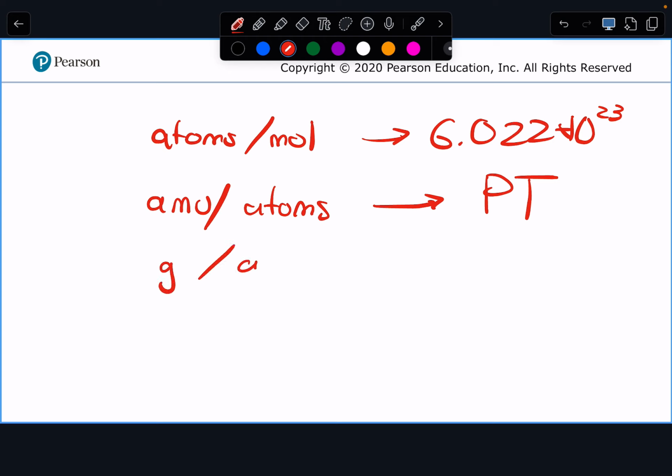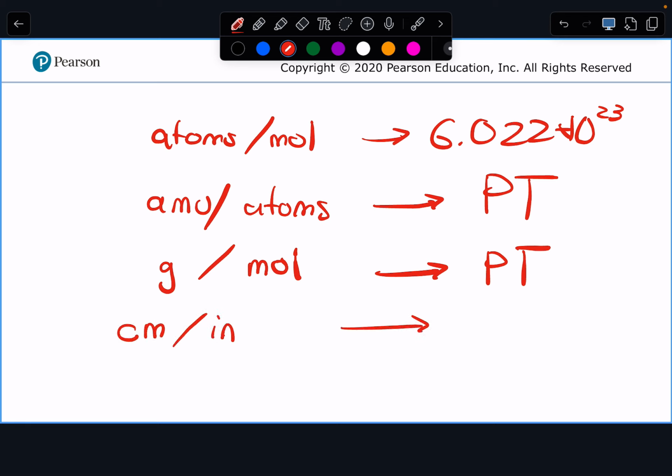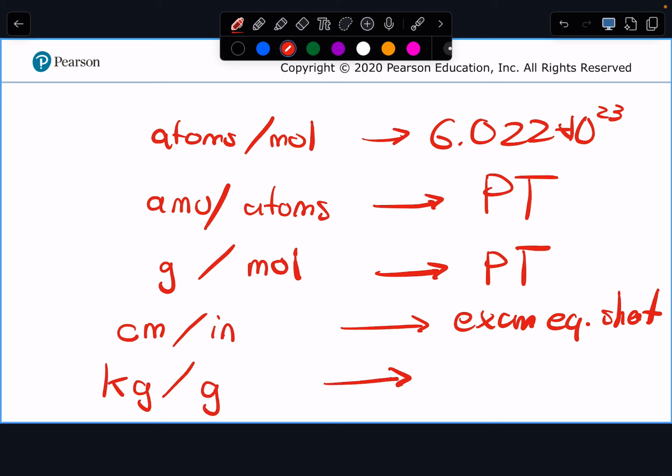If I have grams and atoms, I want to go to the grams and moles. I want to go to the periodic table as well. If I have an English and metric, I want to go to the exam equation sheet. If I have a metric prefix with another metric, I want to go to my brain to do a metric conversion.